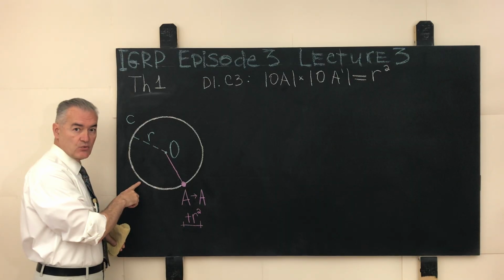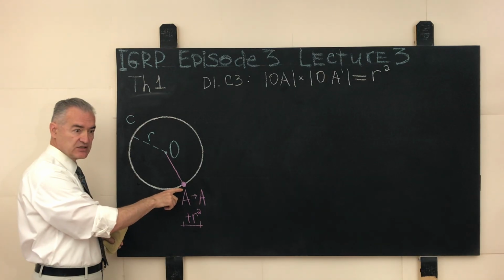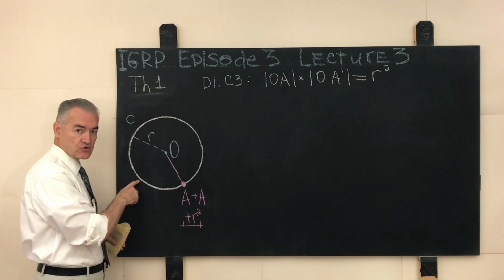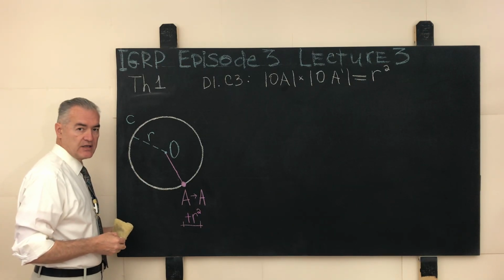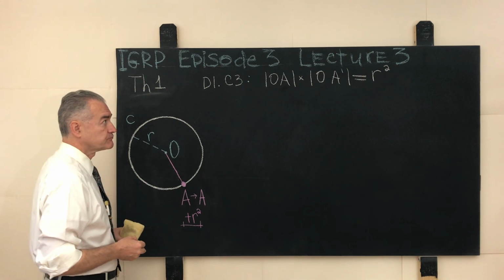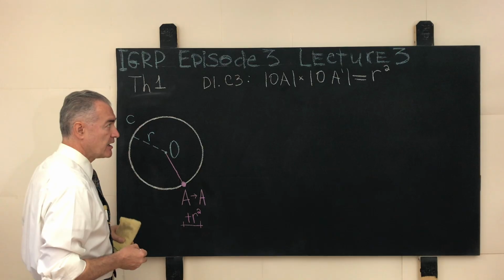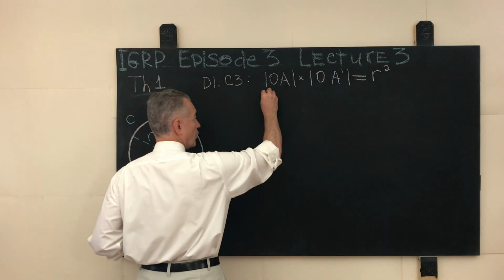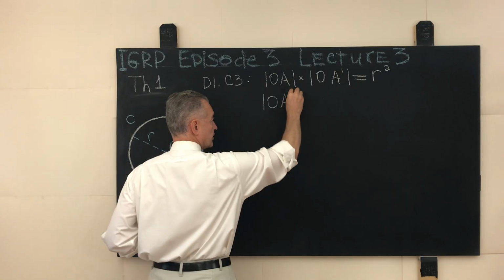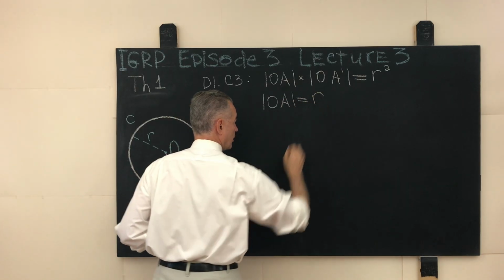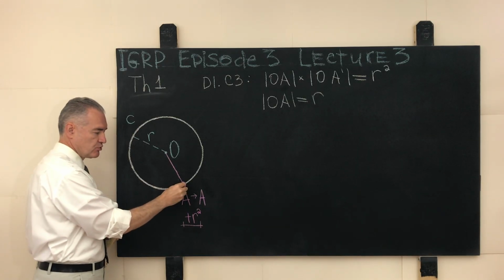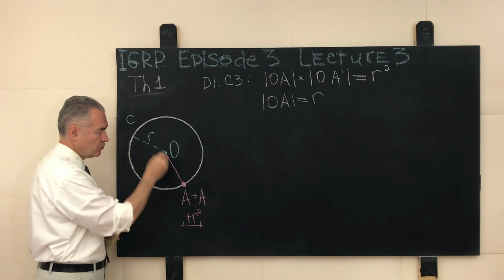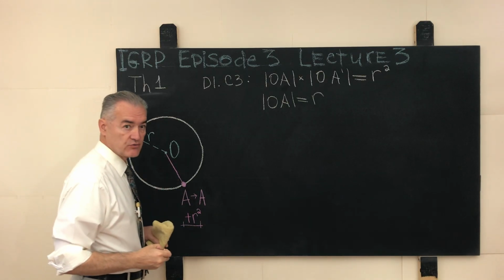But in our case, we're told that the pre-image point A is located precisely on the circle of inversion C, and recalling our discussion at the end of the previous lecture, that means that the distance from the center of inversion O to the pre-image point A is precisely r, where r is the radius of the circle of inversion.